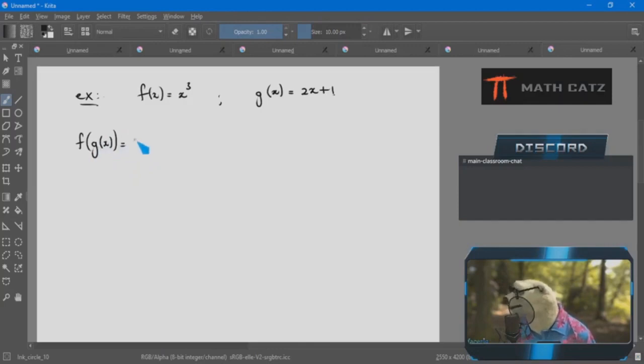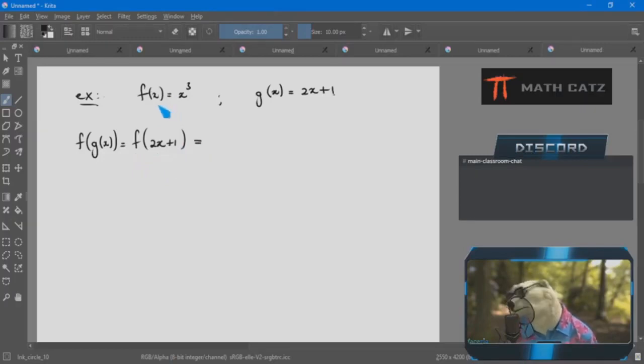I'm working inside out. So my inside function is applied first before I know what f is working with. I need to see what is inside there. So g happens first. It takes x to 2x plus 1. Then f is now applied to its input of 2x plus 1.